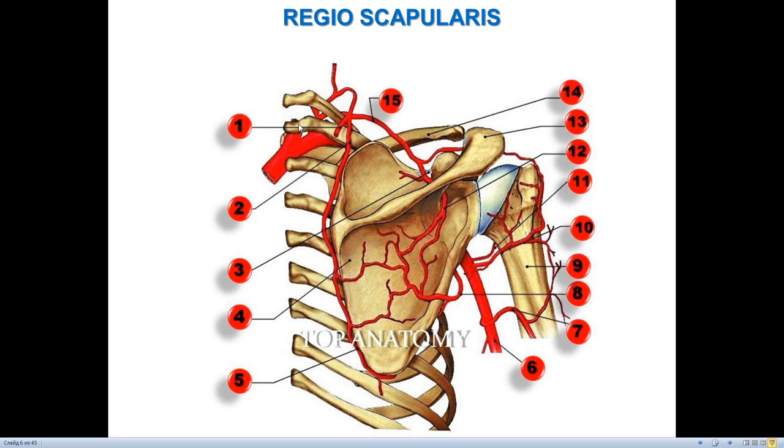Second, where do these purulent masses travel? In the subdeltoid region from the supra and infraspinous fossa. Third, in the axillary fossa.